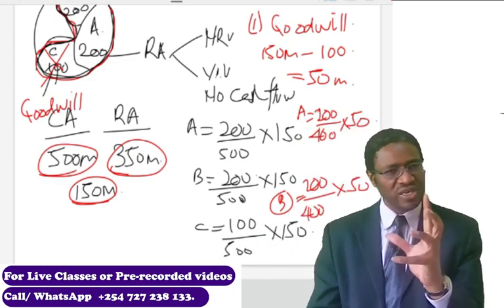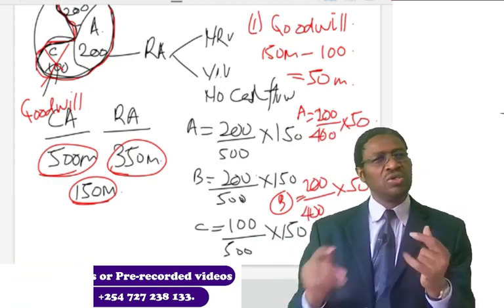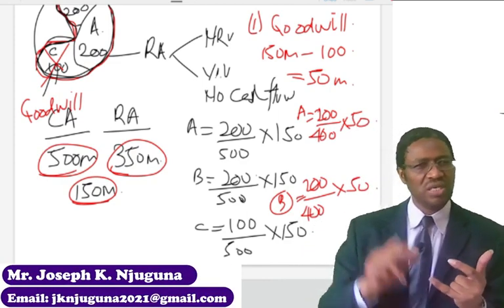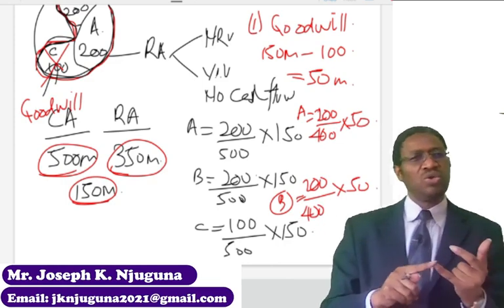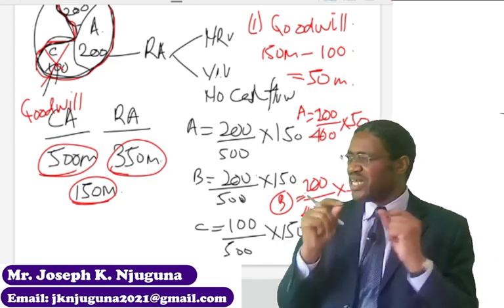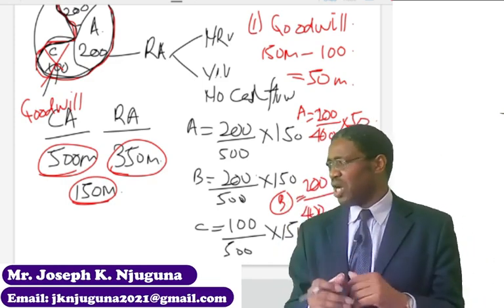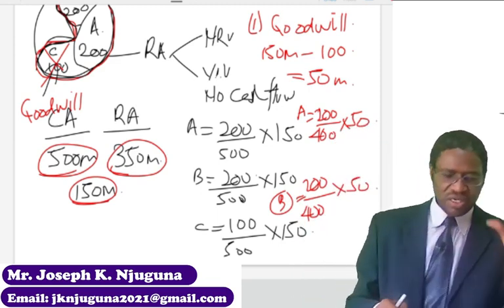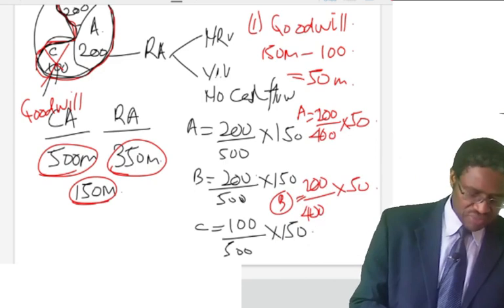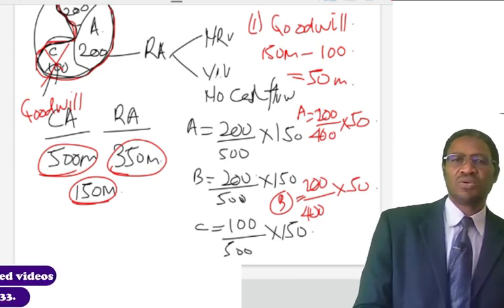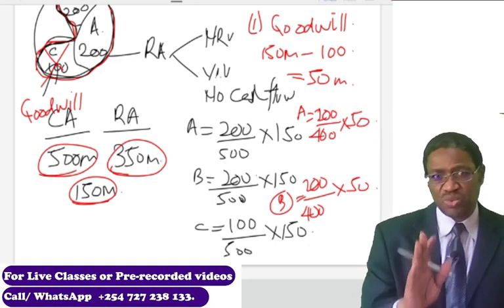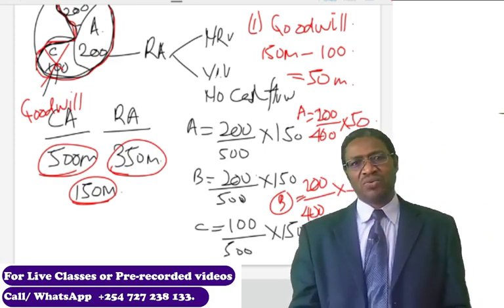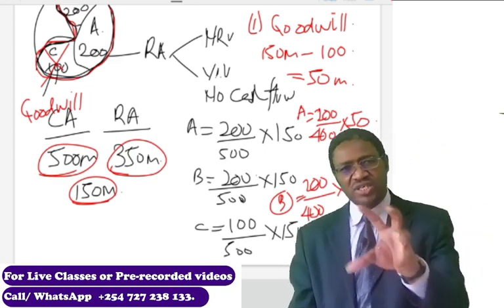So I hope you have understood how to deal with what we are calling a cash generating unit. We have said what? First, we defined what a cash generating unit is.